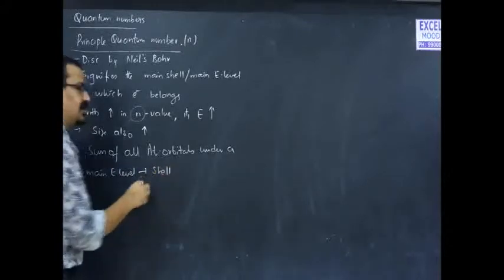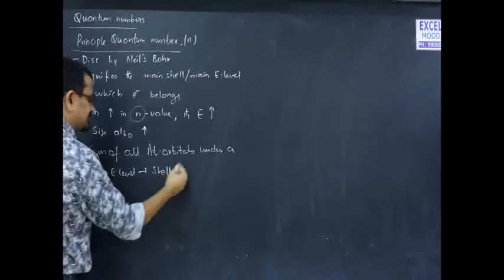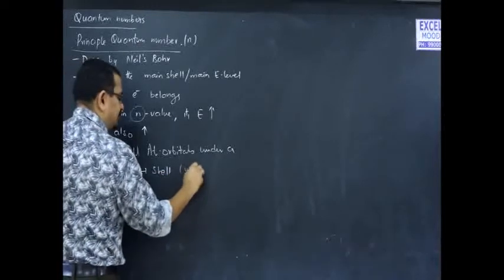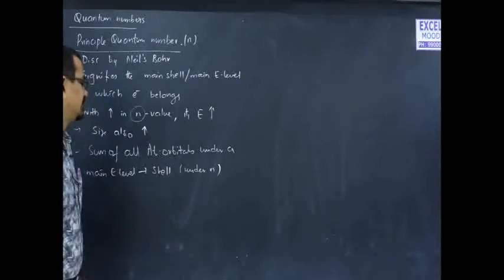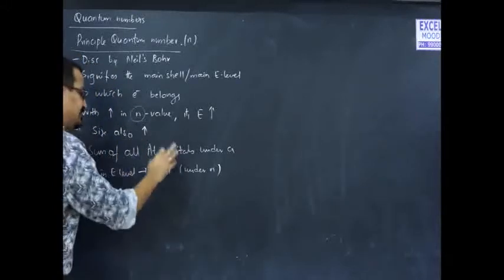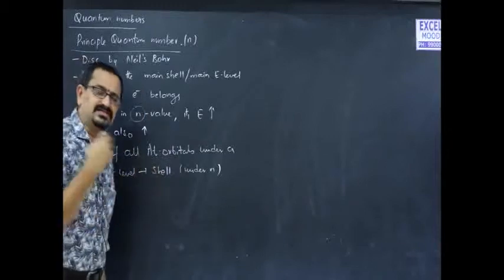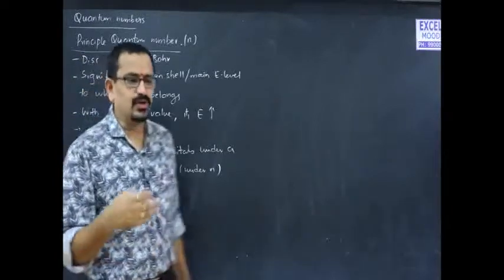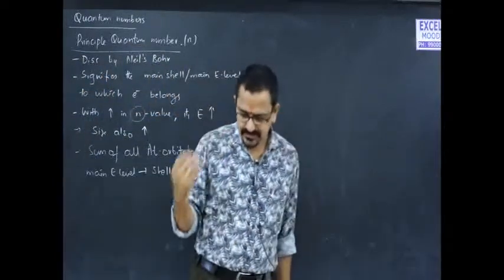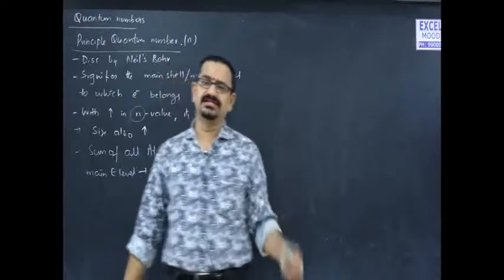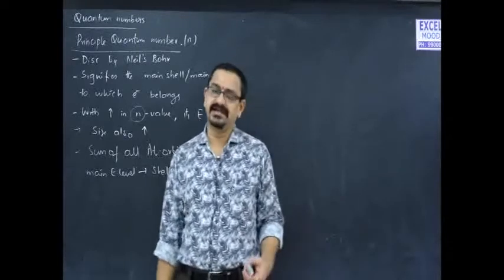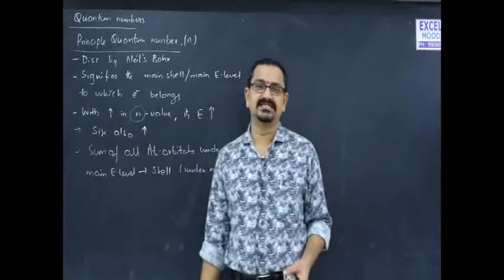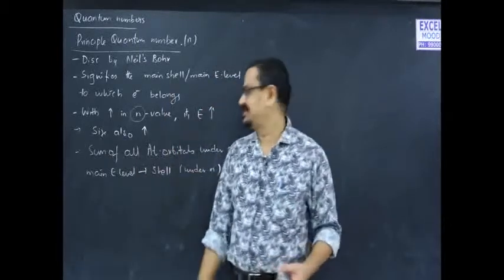A shell includes all the possible energy levels under a value n, which means under the first shell so many sublevels are possible. Actually, the requirement of these shells, subshells, etc. came from the splitting of spectral lines in electric and magnetic fields, which we are going to discuss in the next quantum number, the azimuthal quantum number.